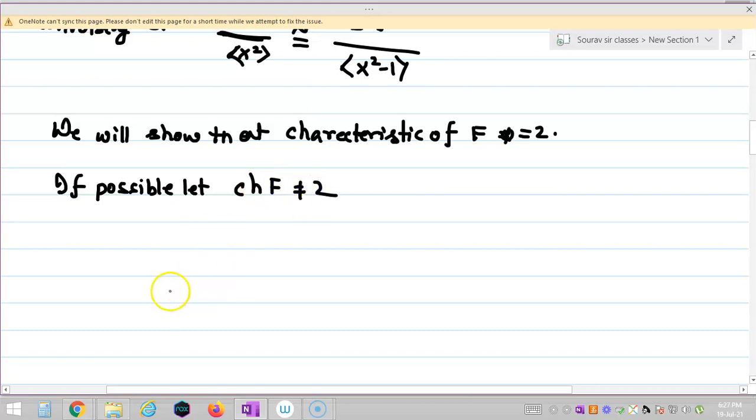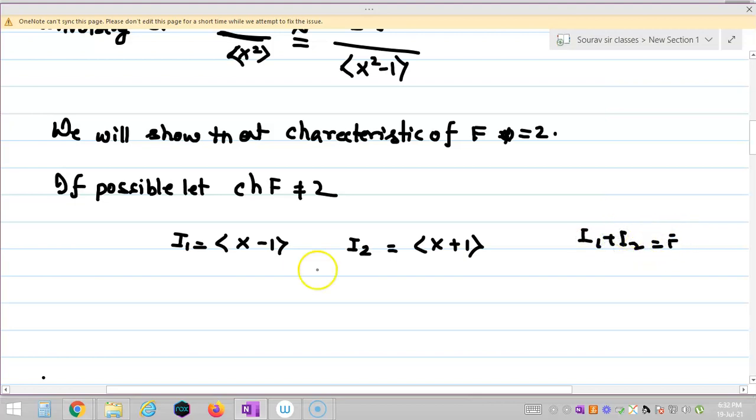Now we are going to use the Chinese remainder theorem for rings. Let I1 be the ideal generated by x minus 1 and I2 the ideal generated by x plus 1; they are co-maximal ideals, meaning I1 plus I2 is equal to F[x]. You can show it easily.